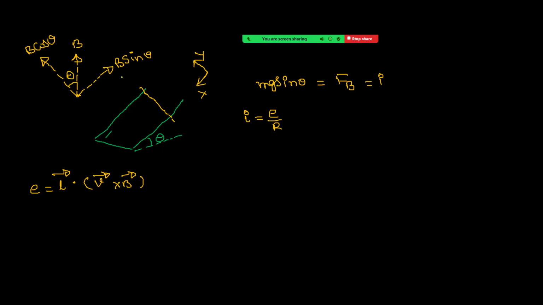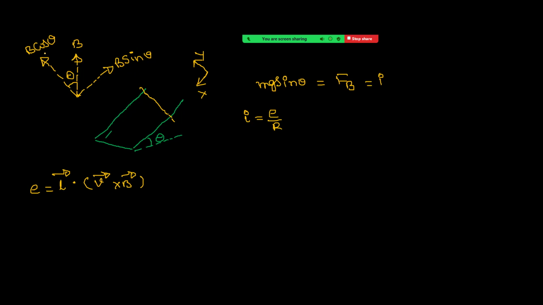I am repeating. We have B sin theta up the incline, meaning along the negative x-axis. Velocity is along the positive x-axis. So for this component, the angle is 180, and that's why there is no EMF induced because of it.